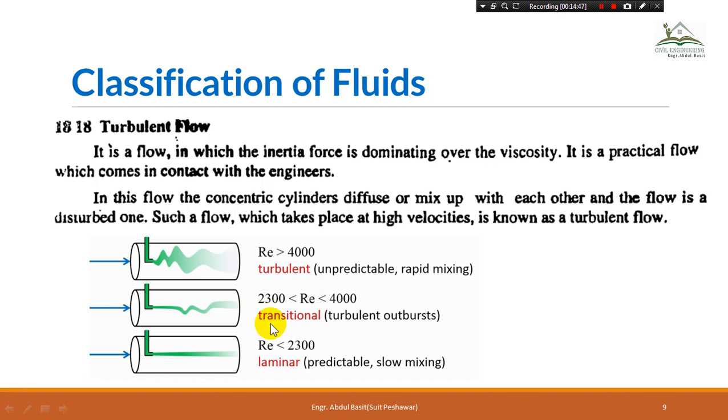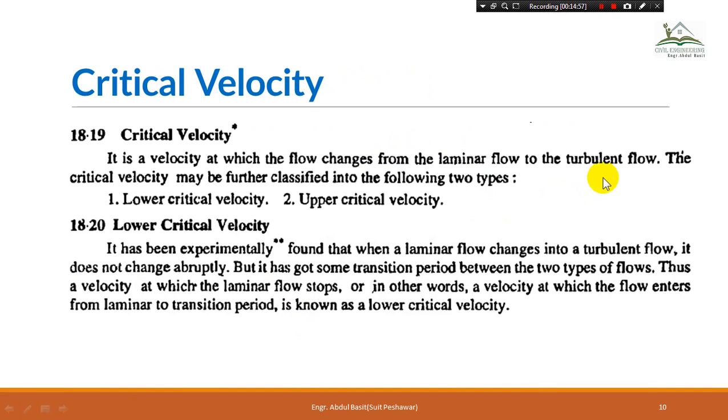It will be in between these two. So that will be a transition zone, and the velocity of fluid in this transition zone is called critical velocity. The critical velocity may be further classified into two types: lower critical velocity and upper critical velocity.